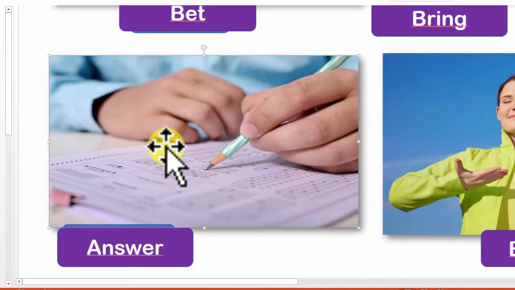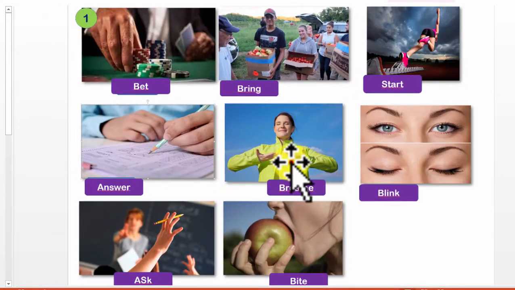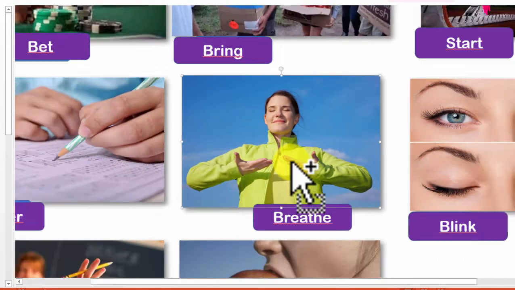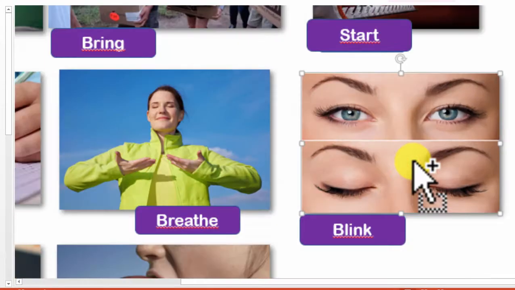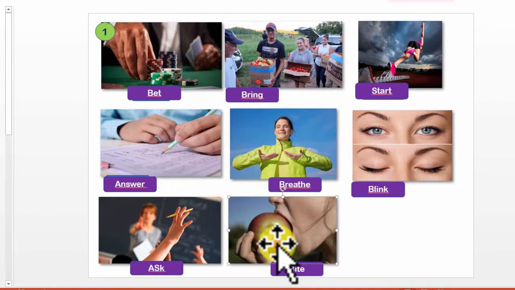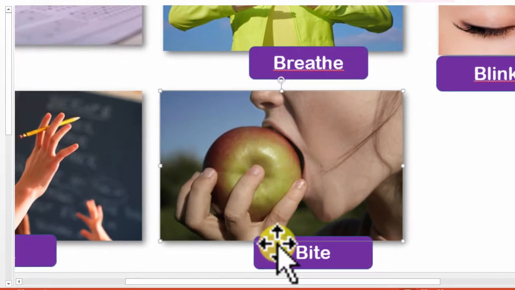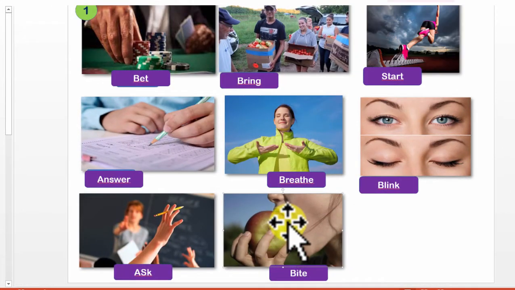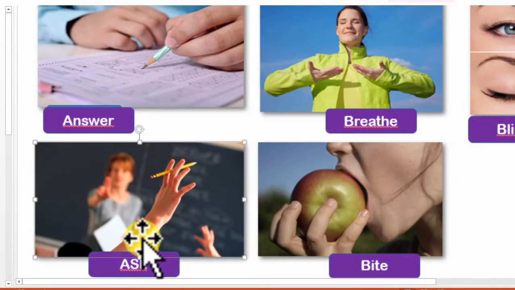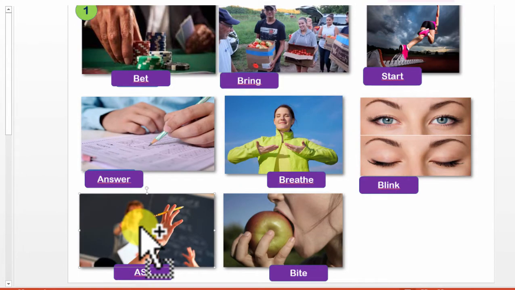Answer. Breathe. Blink. Bite. So one of the things that is going to help us for learning is also represent the action. Algo que nos va a ayudar también es representar la acción. Ask, ask. Very good. Ready.